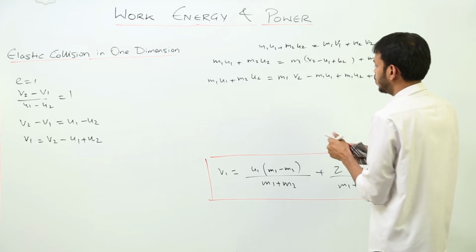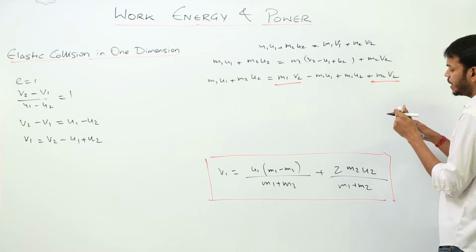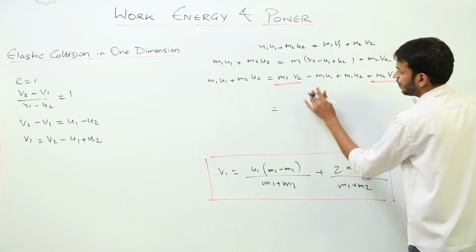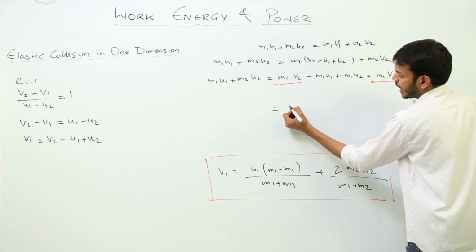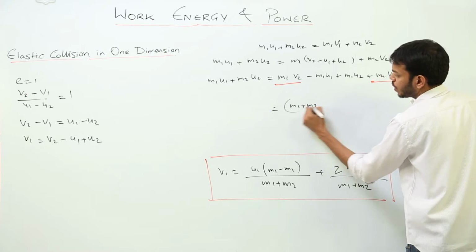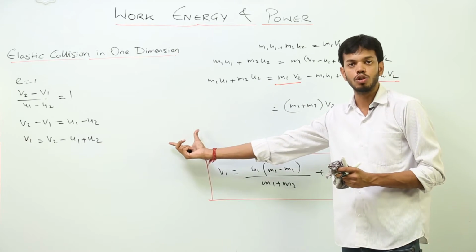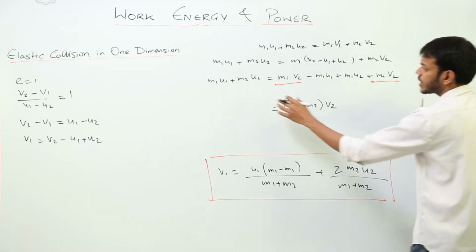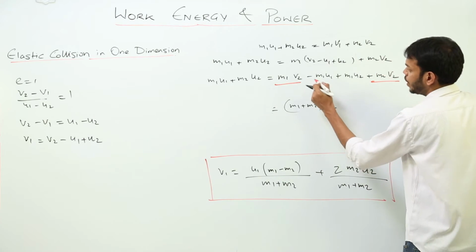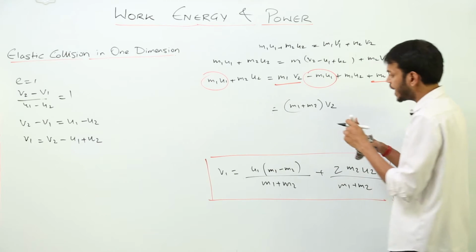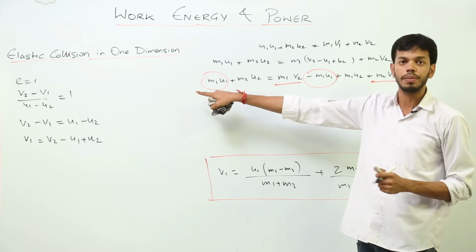How many terms of v2? This and this. That means here I have a term where v2 is taken common, and you will be left with (m1 plus m2) multiplied by v2. And that means m1 plus m2 is going to go into the denominator on the other side. Then the second thing is, this m1 u1 and this m1 u1 are going to get added up, because the negative sign goes here and becomes positive.